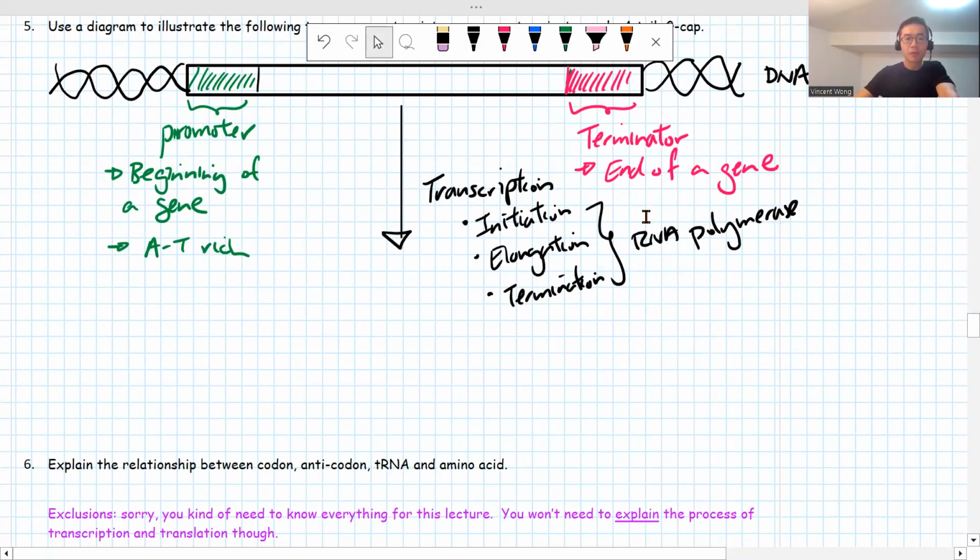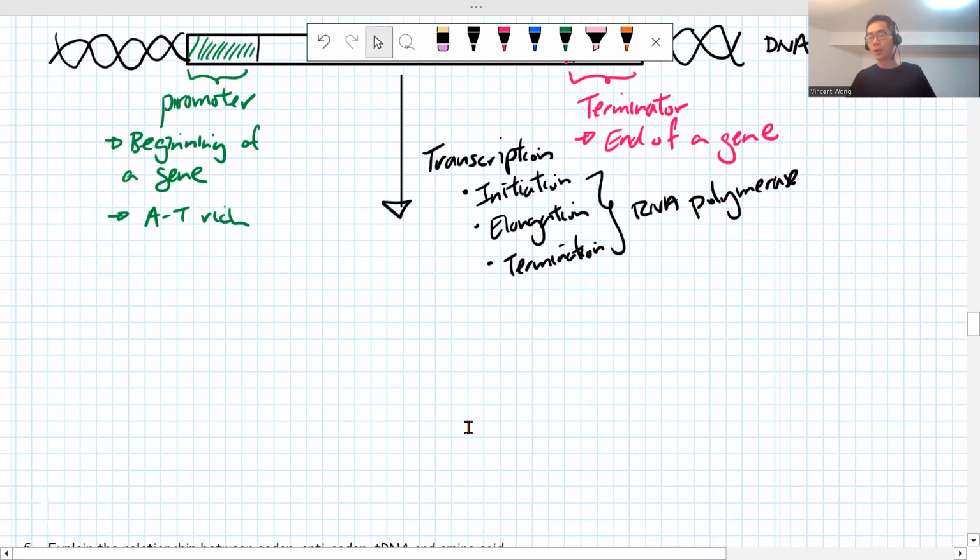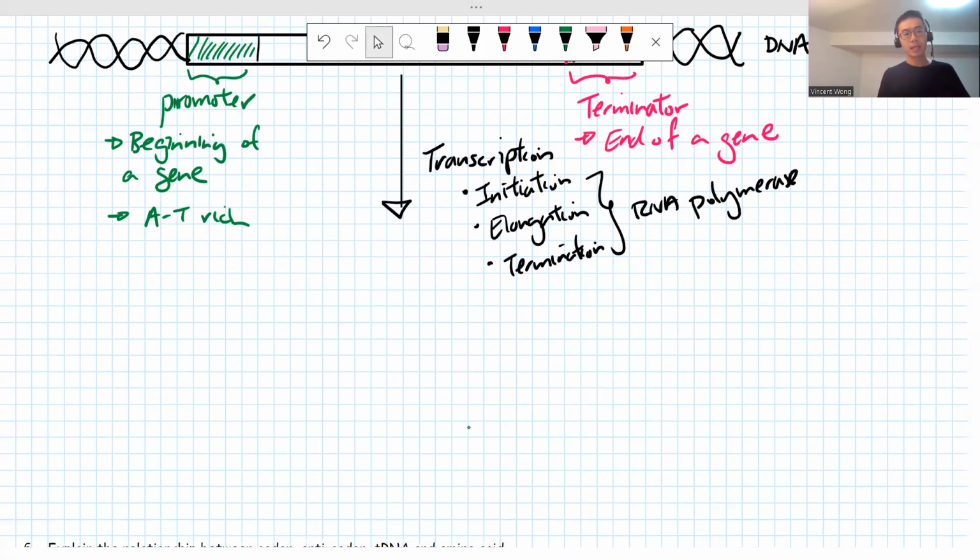You don't have to describe the process, but you should be aware of what's happening. There's the template strand, there is the coding strand that we talked about, and in the end, you're going to get this RNA transcript, right?